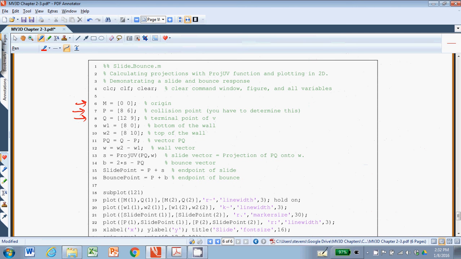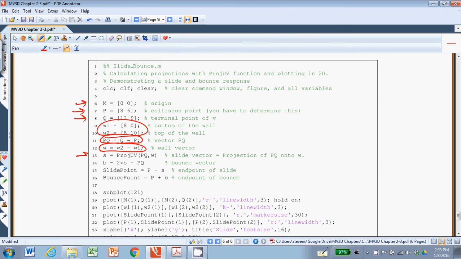I created the wall vector with these two wall points. The wall vector was just the second wall point minus the first wall point, and that second wall point was just an arbitrary one. PQ is just Q minus P. So I have all of my parts.